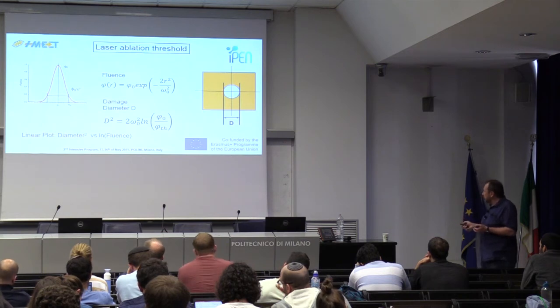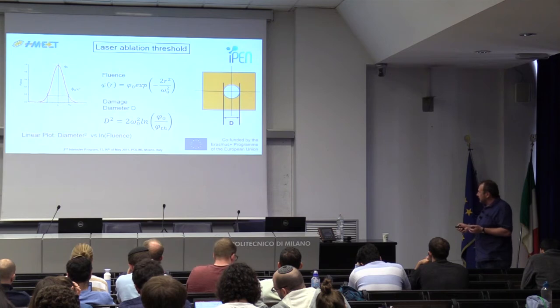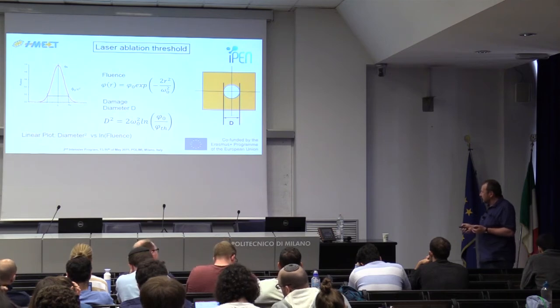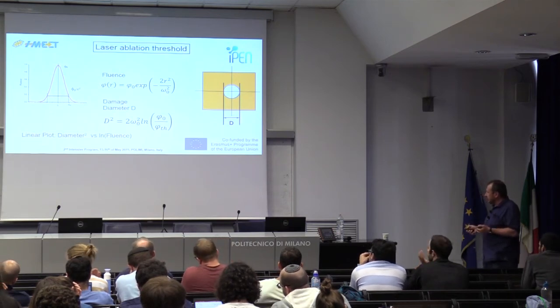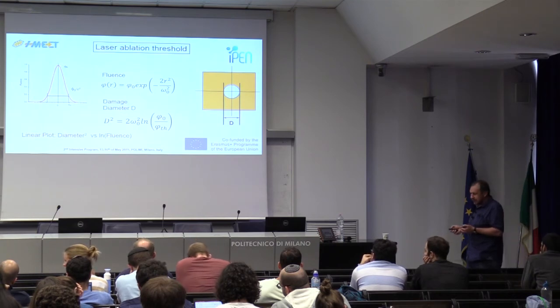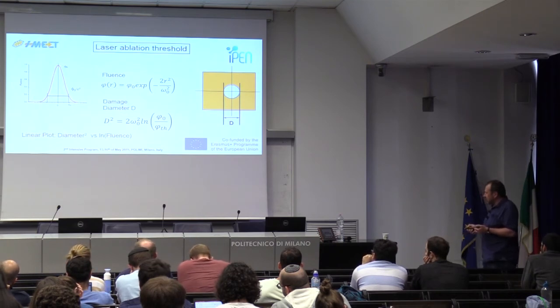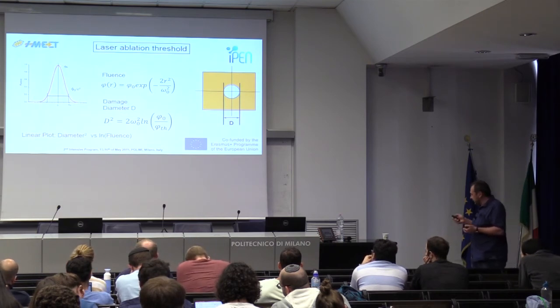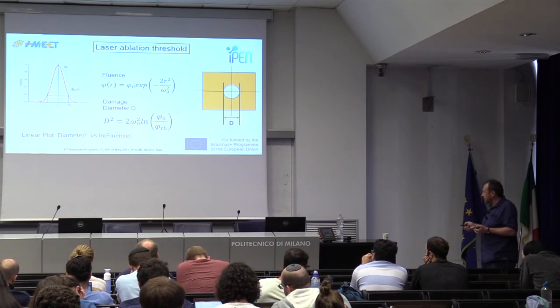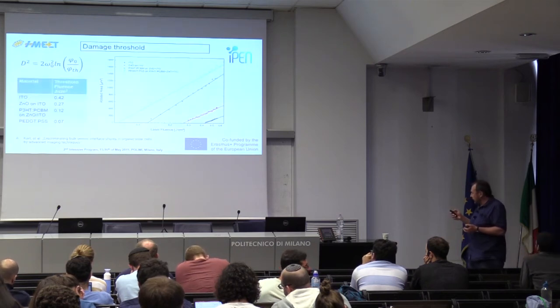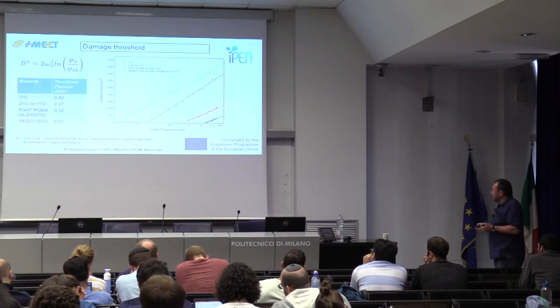You make holes, you measure the diameter of the holes, which is correlated to the pulse fluence, and you can rewrite this equation so that you plot the square of the diameter of the hole against the logarithm of the ratio of the fluence and threshold fluence, and then you can do a plot for different materials.